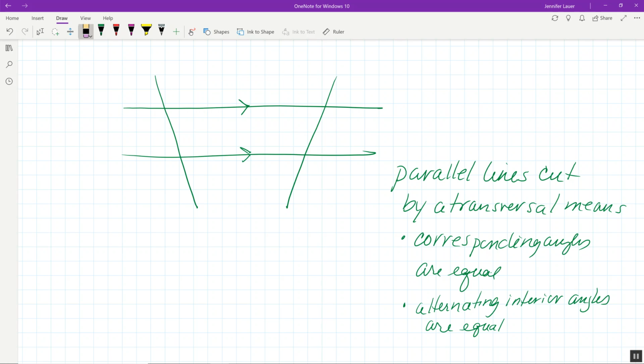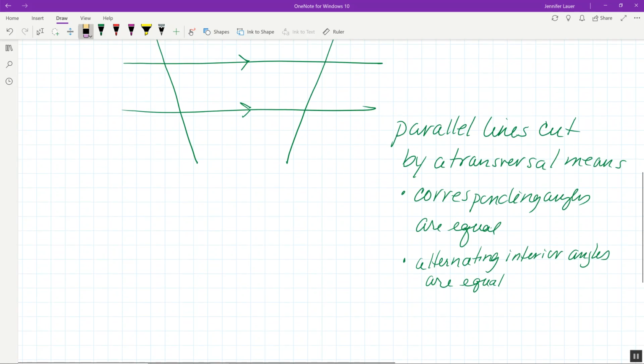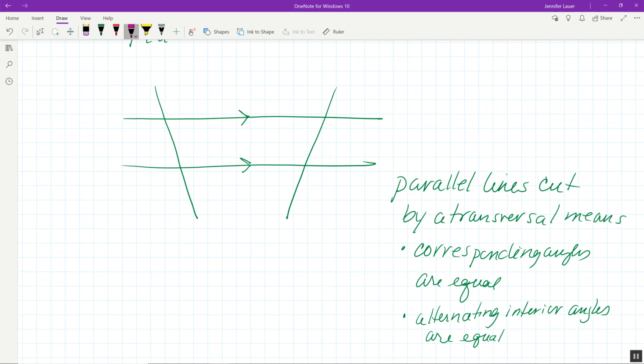For instance, let's say this alternates with that, so those are equal.